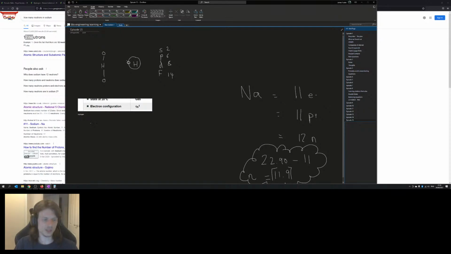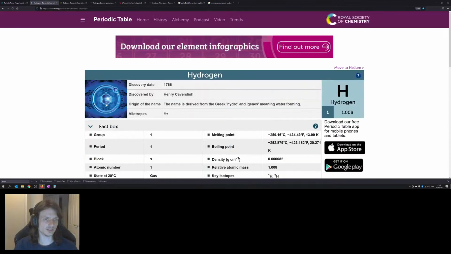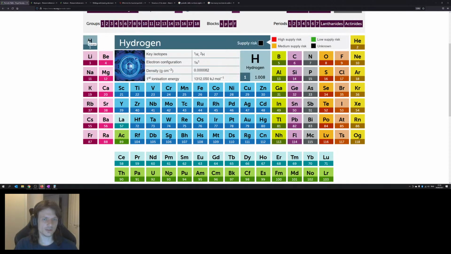Right. So with hydrogen, let's just do it a second time. We'll do it one more time after that. We'll do it a couple more times so I can remember it. So hydrogen has atomic number 1.